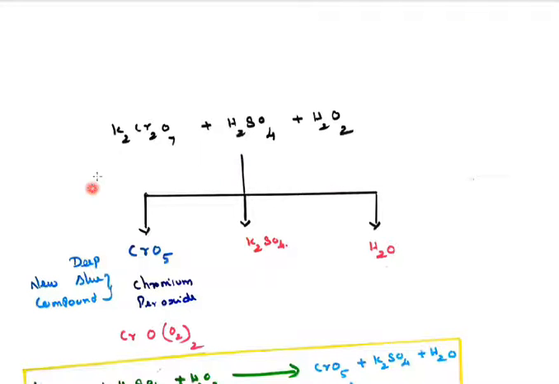It is very important. Potassium dichromate, K2Cr2O7, with sulfuric acid, H2SO4, and H2O2, hydrogen peroxide. When you use this, you get a deep blue color new compound, CrO5, chromium pentoxide.